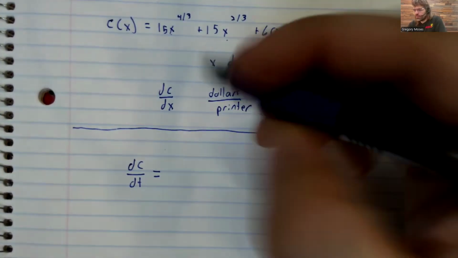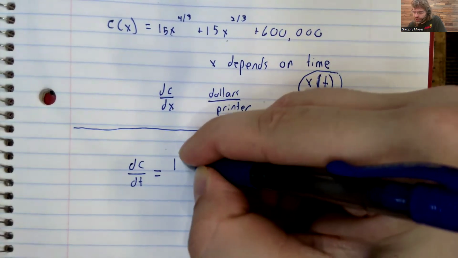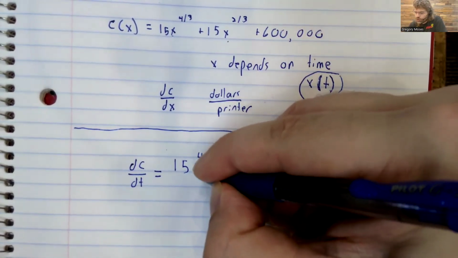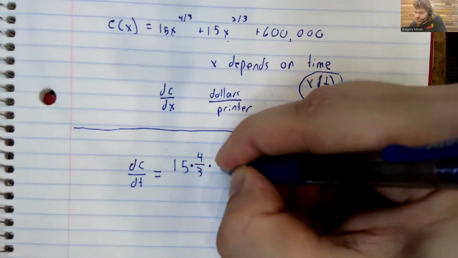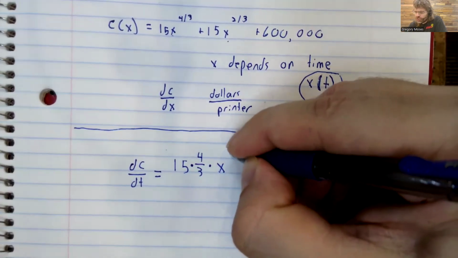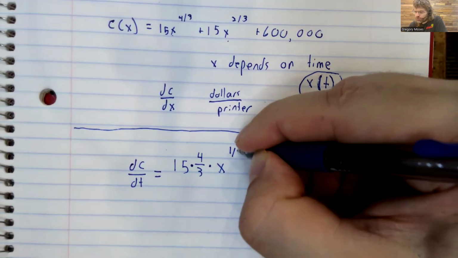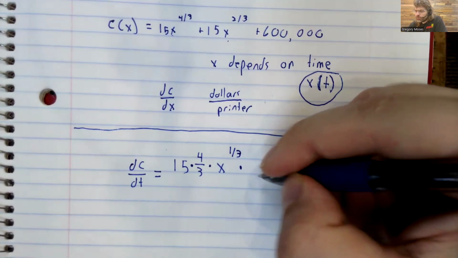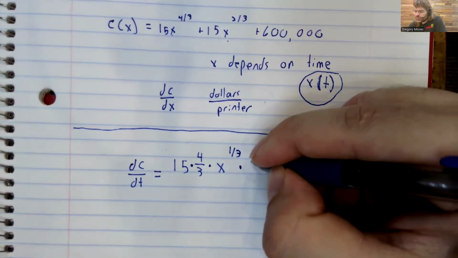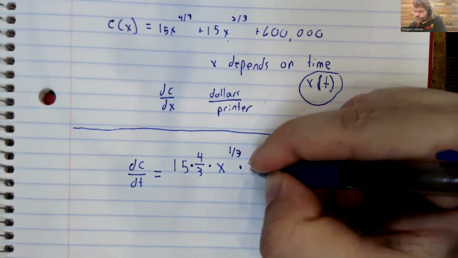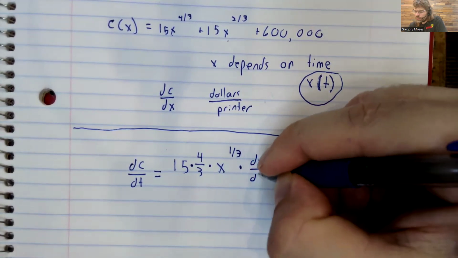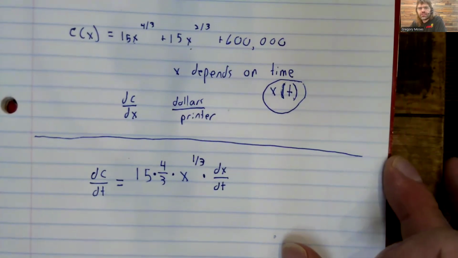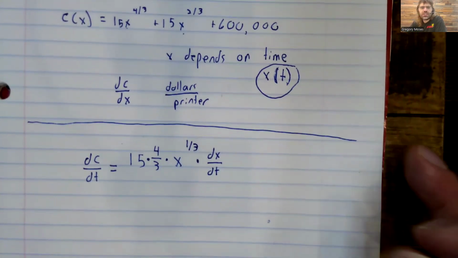So 15, the constant, remains. The 4/3 comes down. We reduce it by 1. 4/3 minus 1 is 1/3. But we're using the general power rule, and that gives us a dx/dt term.